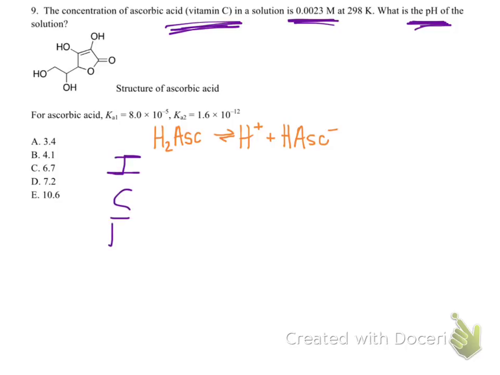So, remember, all weak acids are going to use a Ka dissociation, where they're going to simply take a proton and drop it as if it's hot, leaving behind the H+ and a conjugate base. So we're going to set up our ICE table here.